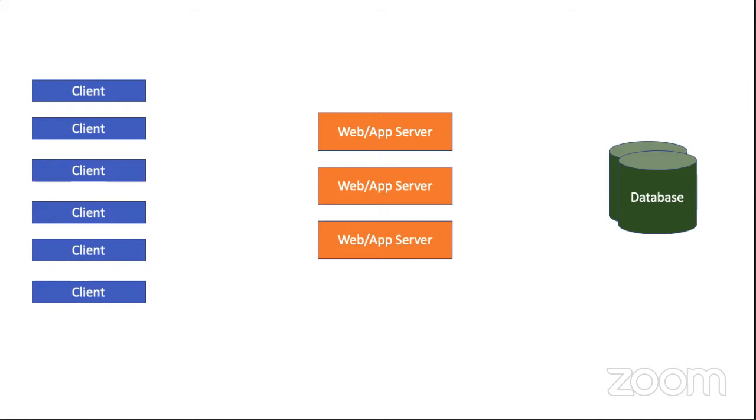And then we have to pass the data into web or app server. There will be some business logic that needs to be executed on the data which is passed from client to the web or app server. For example, if it is Amazon, and if you are trying to purchase products, it has to check whether you are authorized to purchase certain products or not.